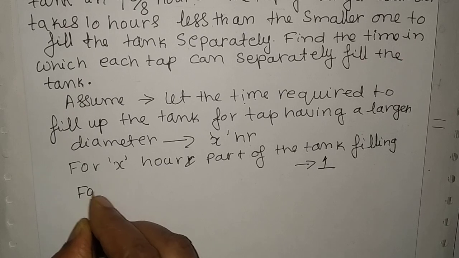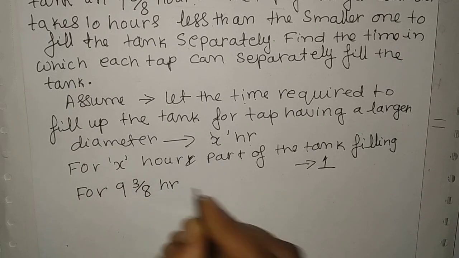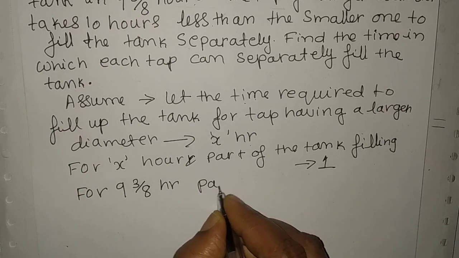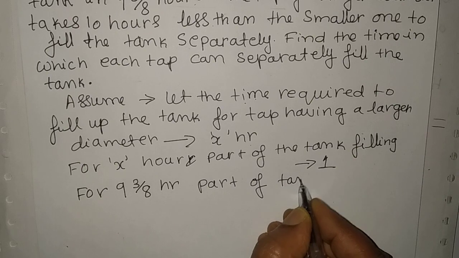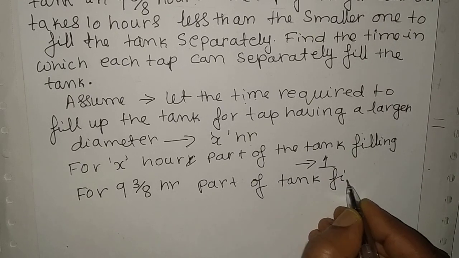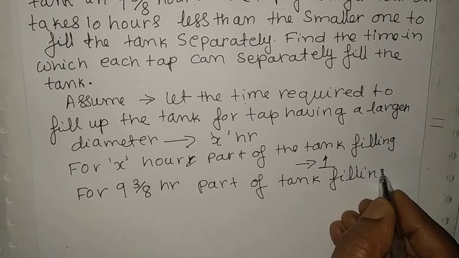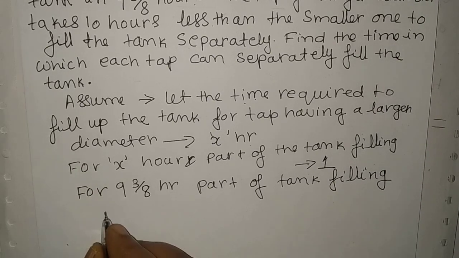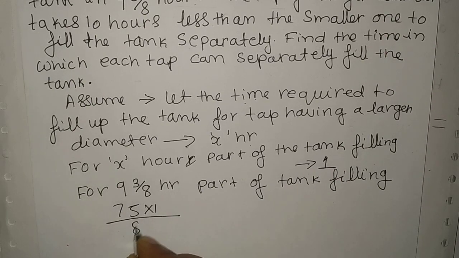Now for 9 3/8 hours, the part of tank filling is how much? Filling is 75 into 1 by 8x.